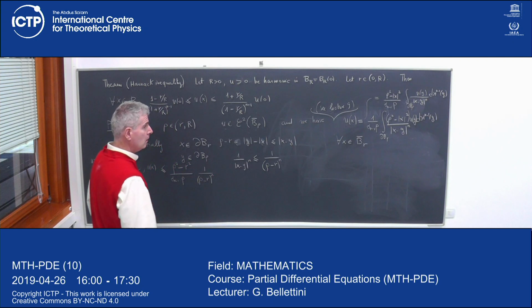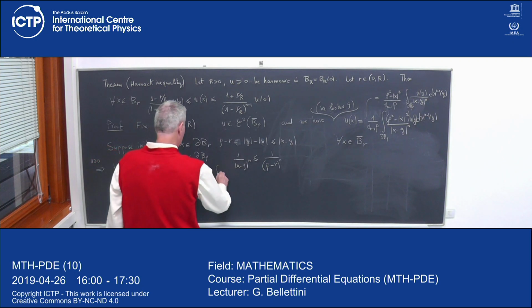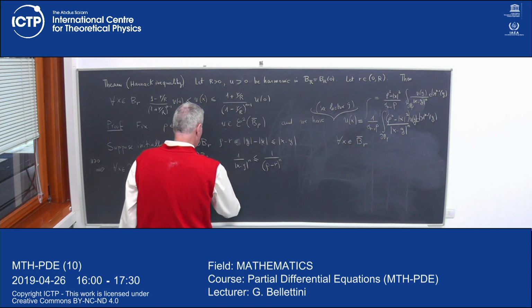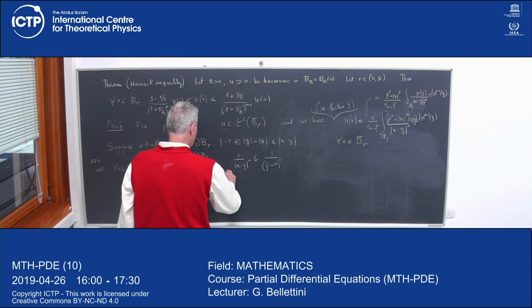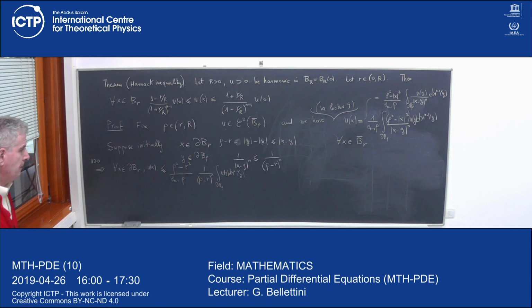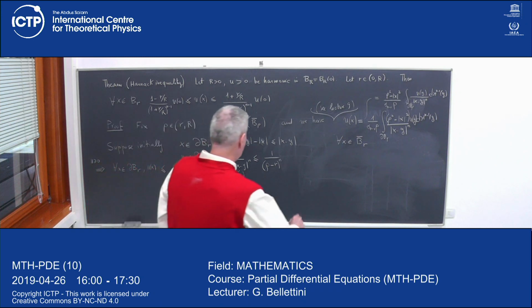Okay. And then we have the integral over the boundary of the ball of rho of u of y dH n minus 1.